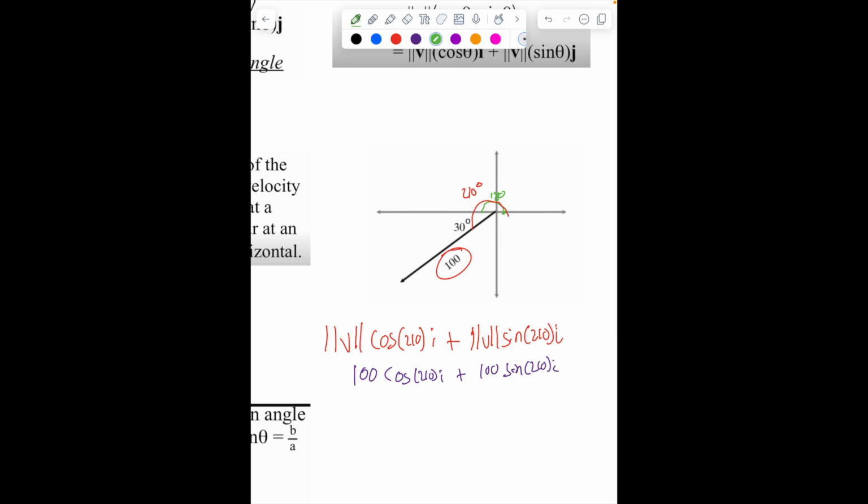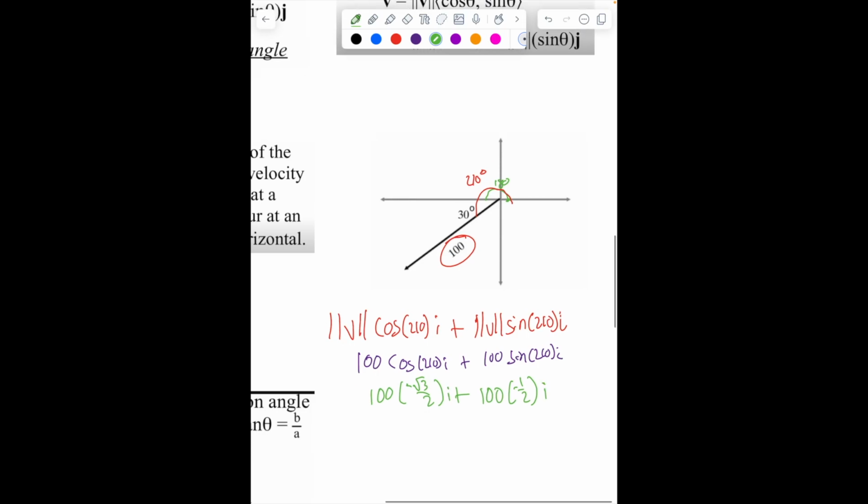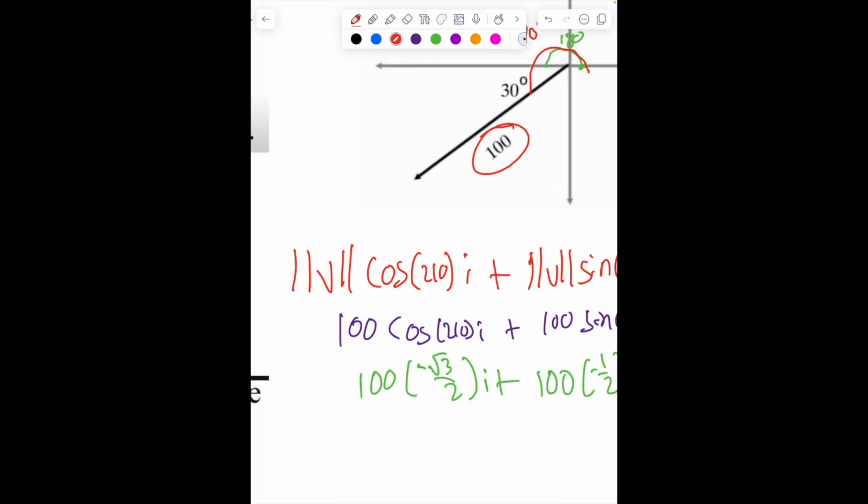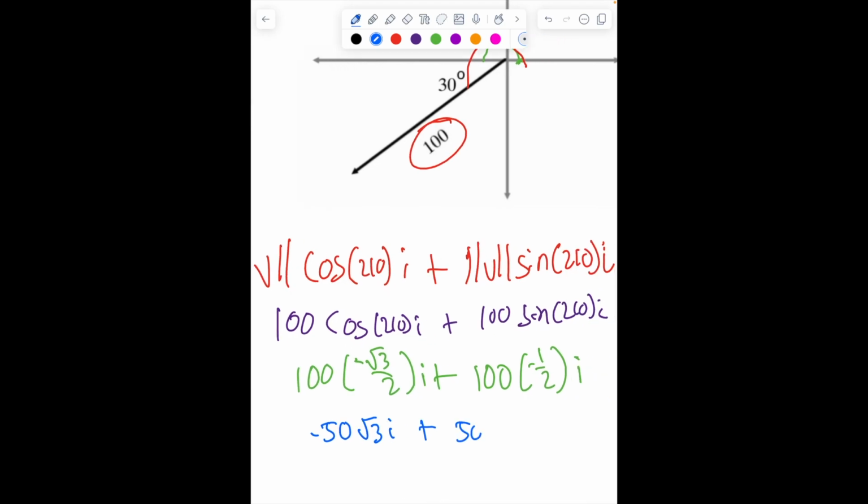Using my unit circle, I can determine what cosine of 210 is. Cosine of 210 is negative square root 3 over 2. And what is sine of 210? It is negative 1/2. Can't forget my i's. And now I can simplify. 100 divided by 2 simplifies to 50, so it's negative 50 square root 3 i, plus 100 divided by 2, also negative 50 j.